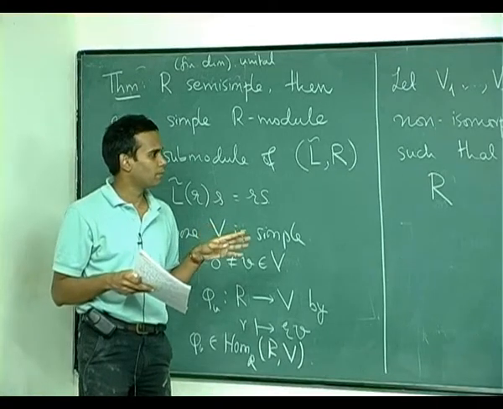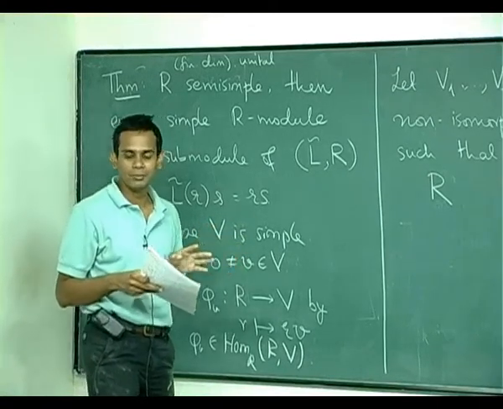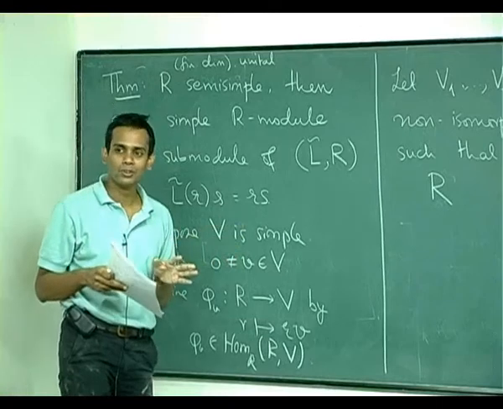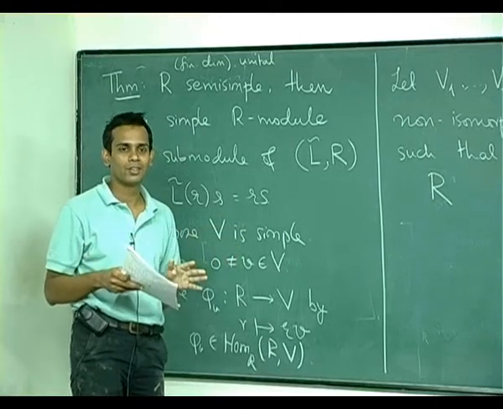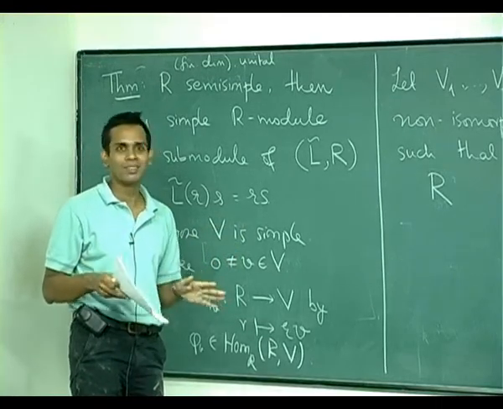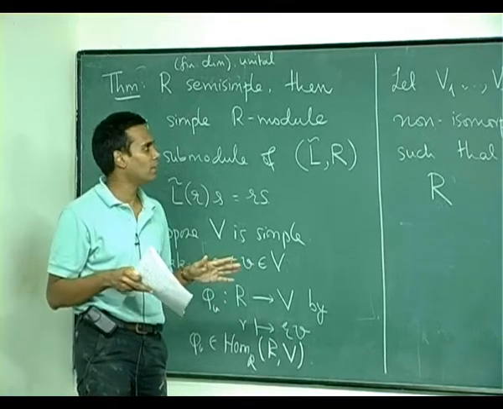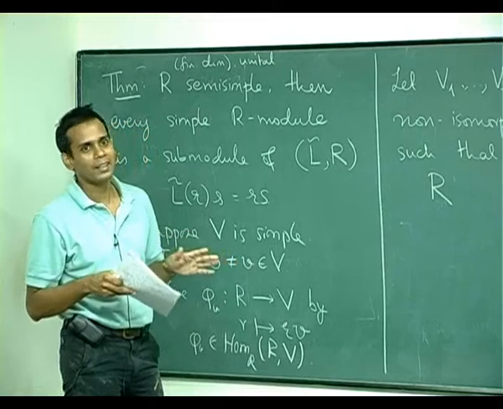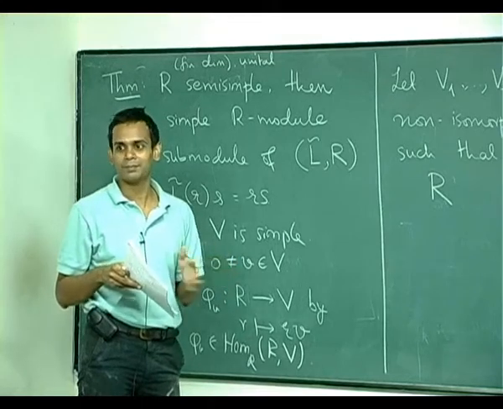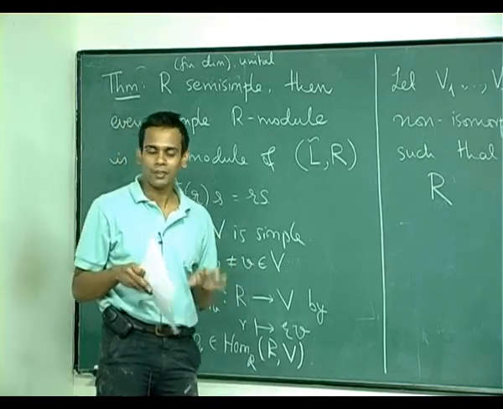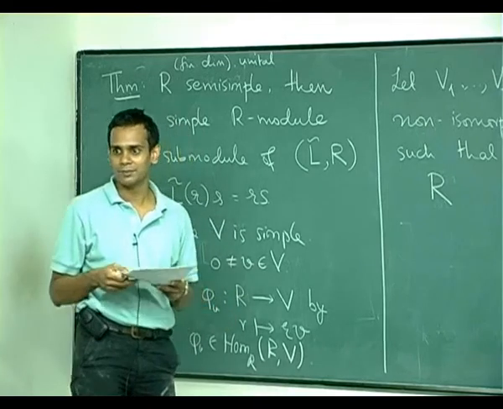But usually you can safely assume that the field is algebraically closed, and its characteristic does not divide the order of the group. If you wish, you can assume that the field is the complex numbers, and all R algebras are finite dimensional, semi-simple, and so on, for the purposes of this course.